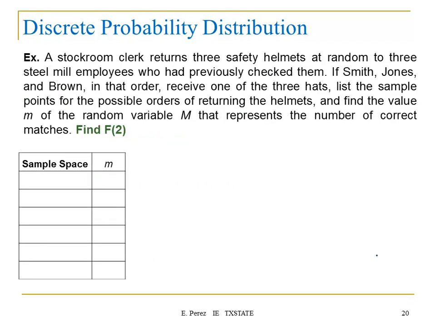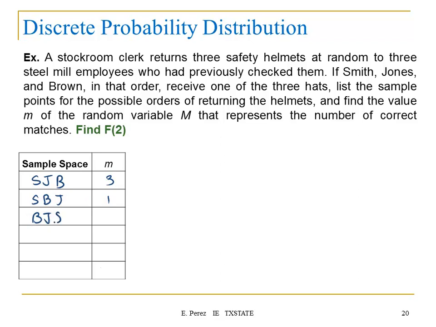Okay, so going back to this example, this is the same example we discussed earlier today. I'm just going to type the solutions here, right? This is something that you already have. So we have S, J, B. This is 3. S, B, J, 1.